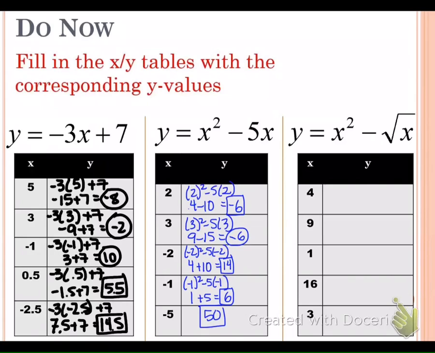Just plug that in quick. Doing it for our last operator, 4 squared minus square root of 4.